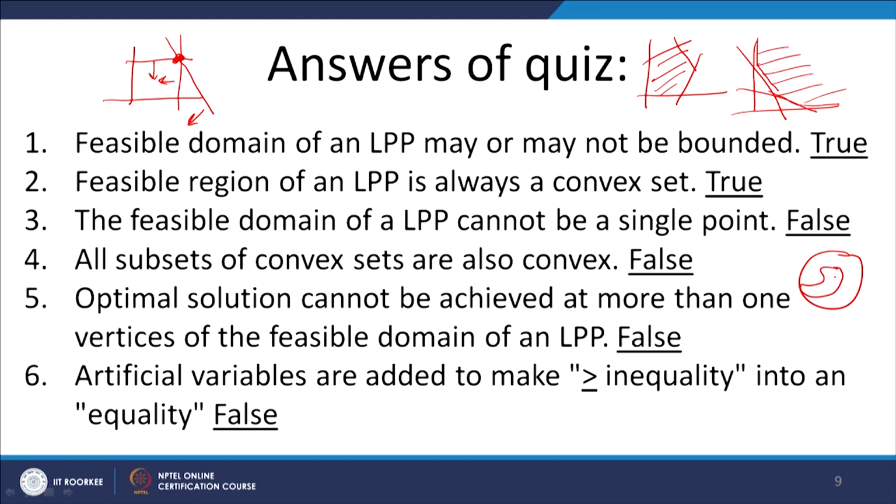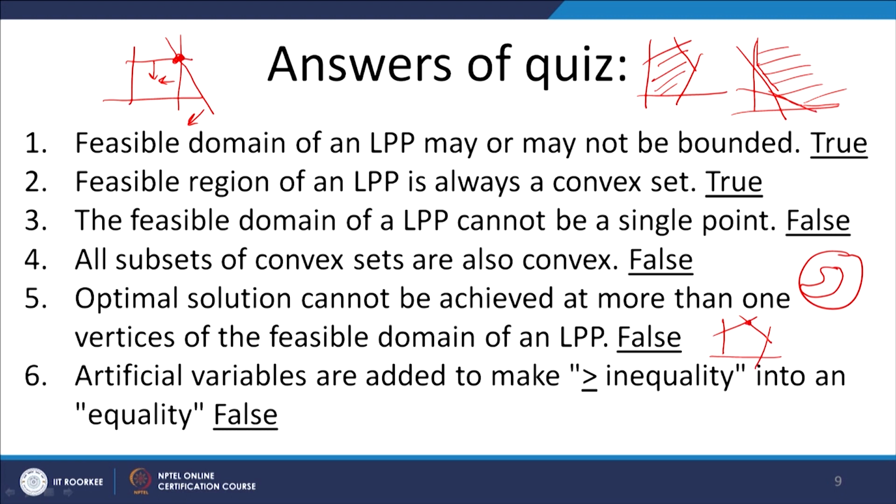Question number 5, optimal solution cannot be achieved at more than one vertices of the feasible domain of an LPP. That is also not true, because as you know, in the case of a multiple solution, suppose our feasible region is like this.